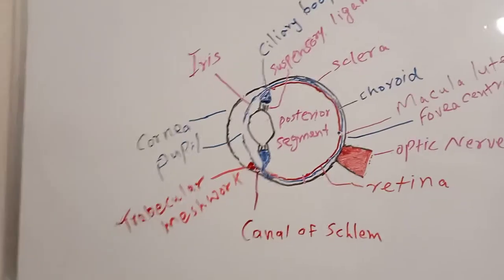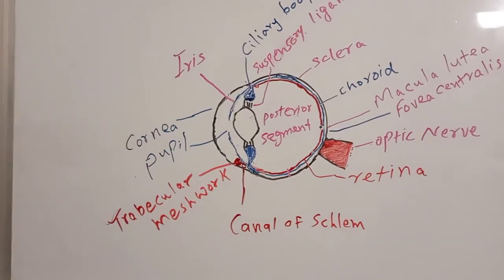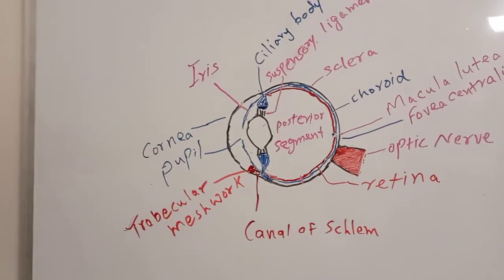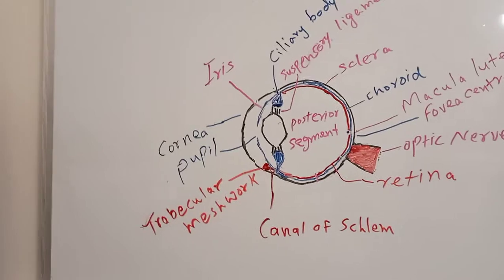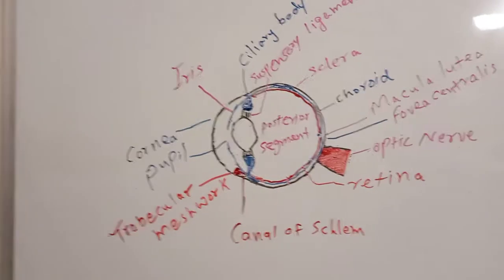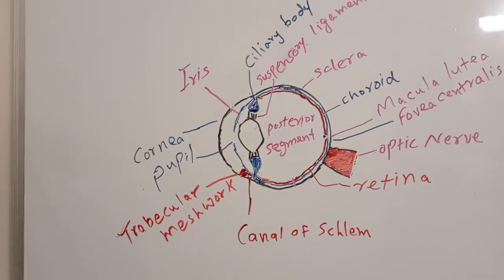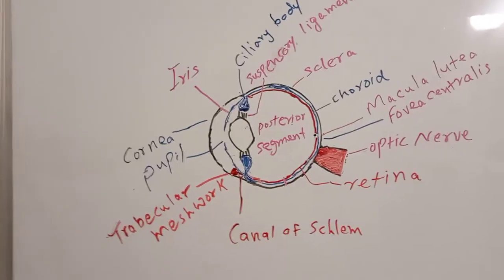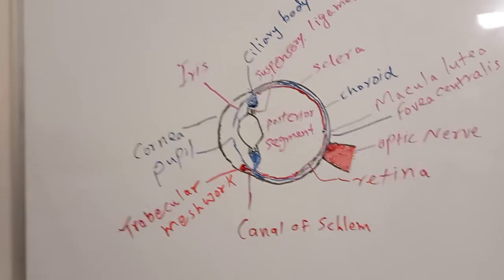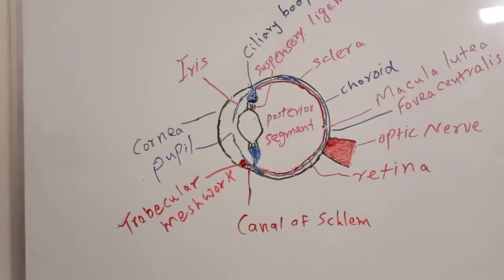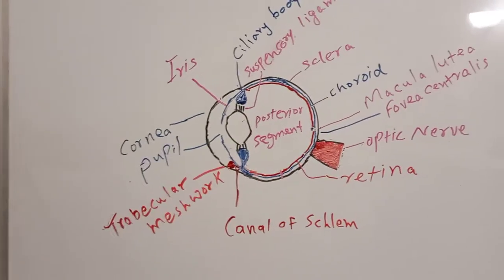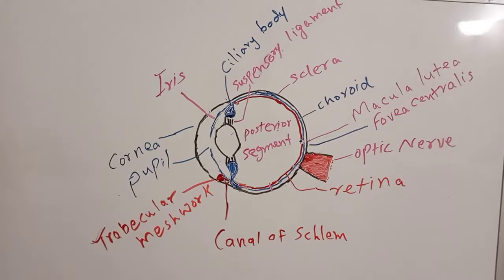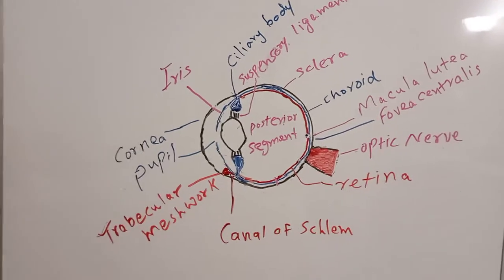Production of this fluid and its continuous drainage lubricate the structures inside the eye. Also, it maintains the pressure within the eye. The pressure within the eye is 12 to 21 millimeters of mercury.